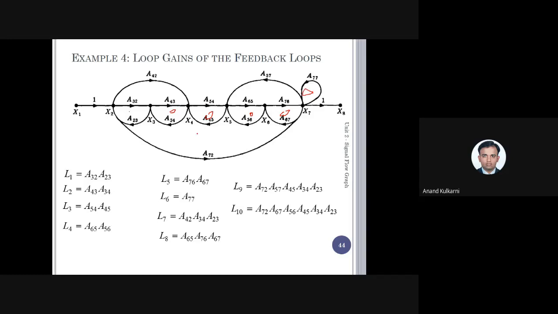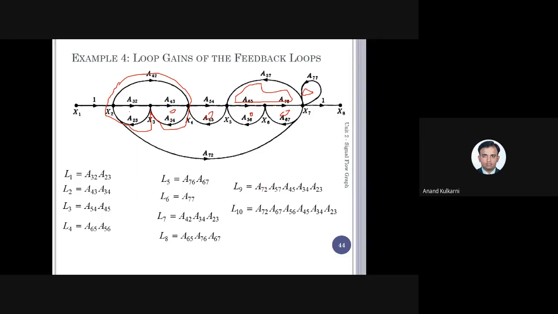Then the seventh loop is this: A42, A34, A23, A42. This one is the seventh loop. And which one is the eighth loop? 65, 76, 67. This entire loop is one more loop, that is the eighth loop.